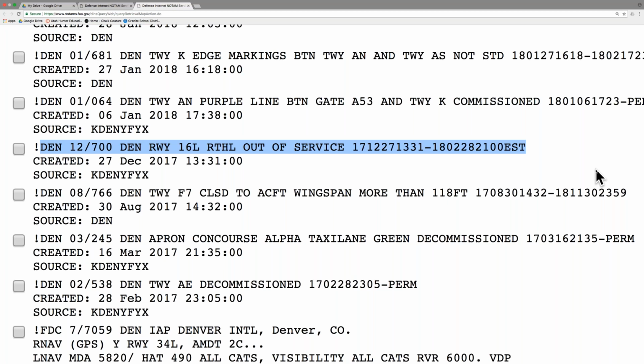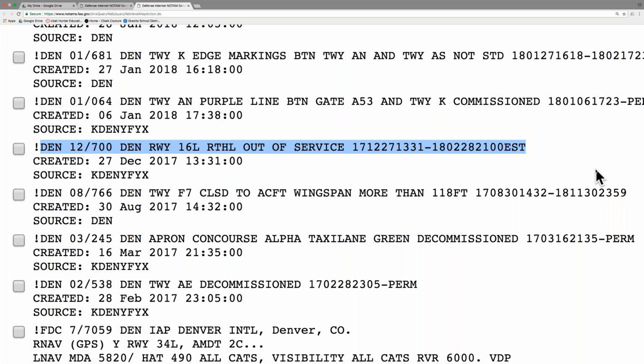It's runway 16 left, THL, runway lighting system, or no, sorry. You're close. What do you think the T stands for? Threshold. Yep, the TH is threshold. So runway threshold lights are out of service.